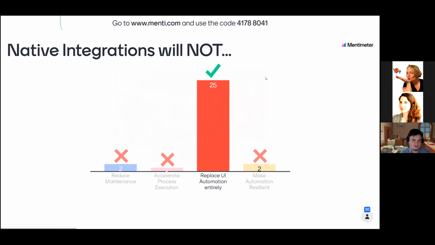It's typically 50 times faster than on the UI. And automation is also more resilient because there's a lot less technology involved when computers talk to each other. What you see on the screen, typically a user interface, is super complex technology, but we are skipping this completely. This is why native integrations are a lot more resilient.